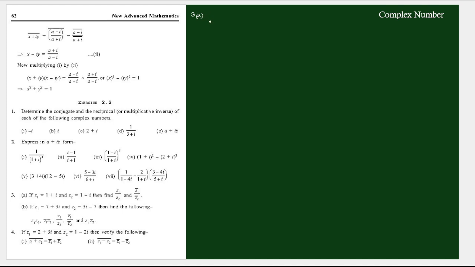If z1 equal to 1 plus i and z2 equal to 1 minus i, then we need to find z1 by z2 and conjugate of z1 divided by conjugate of z2. So first, what is given? We will write it down first.